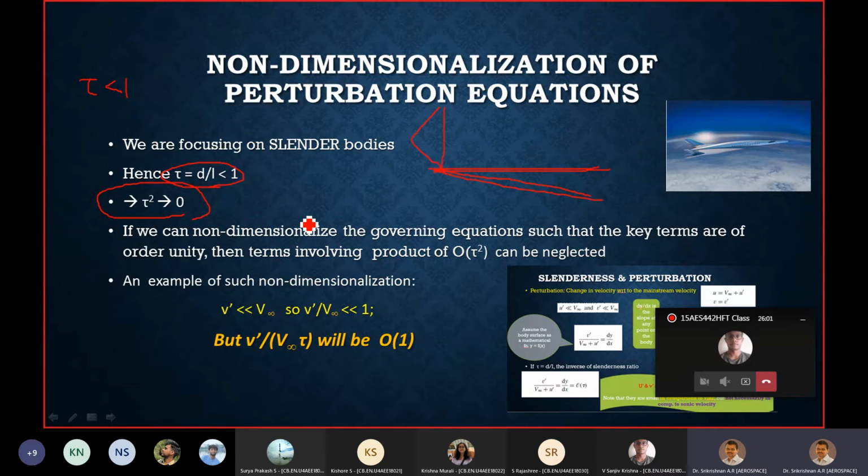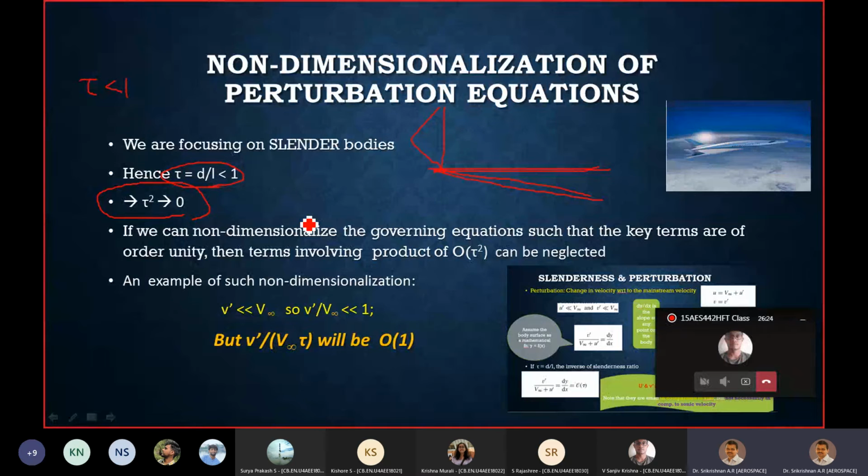I repeat this. If I can non-dimensionalize the governing equations appropriately, I can have terms of the order of unity, and terms with tau squared, which, as we have seen, is much smaller than unity.